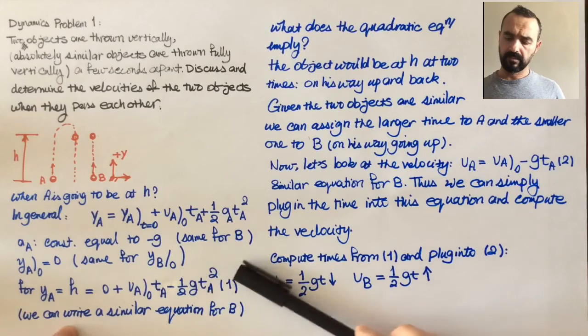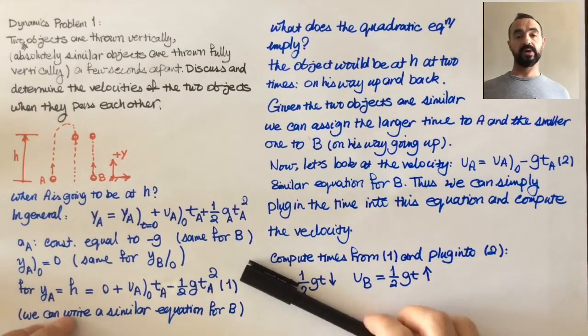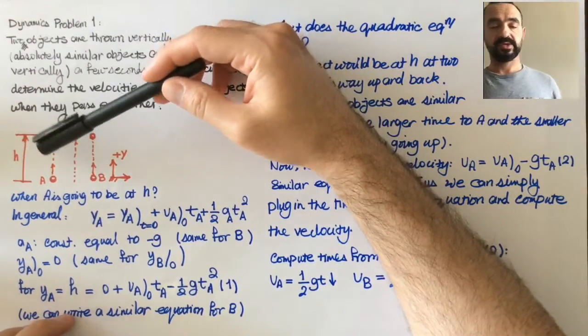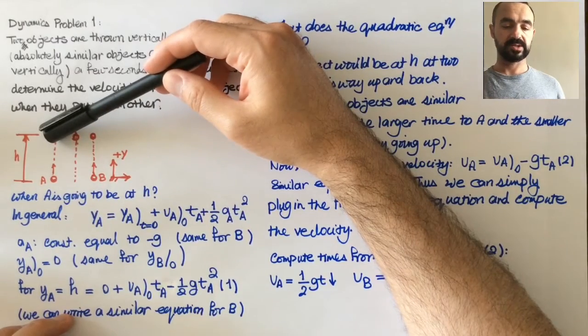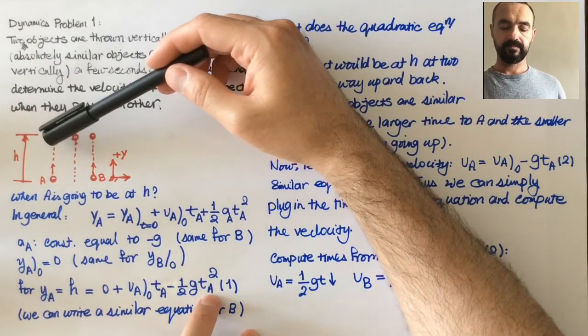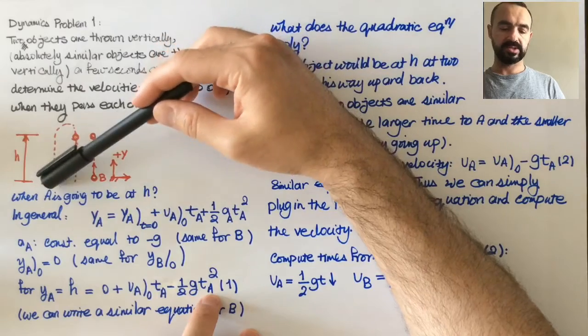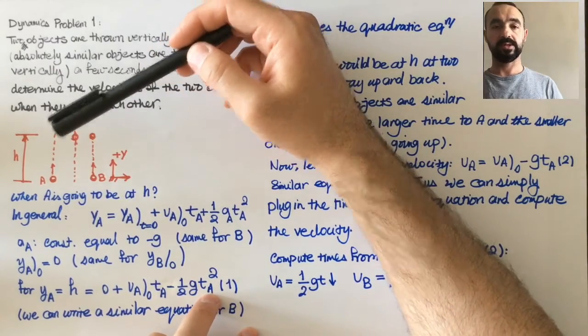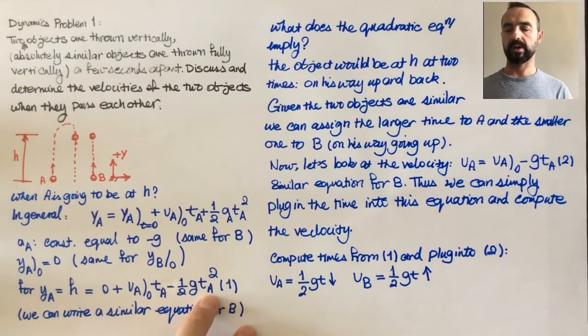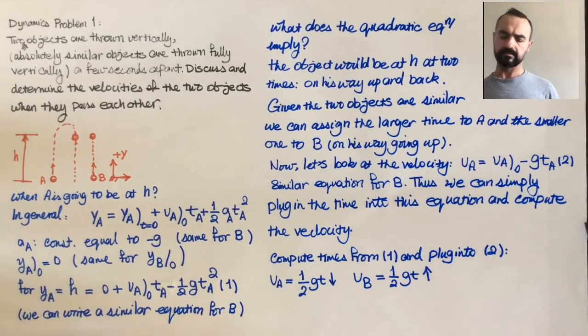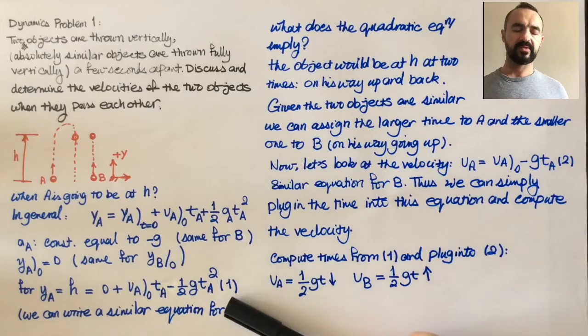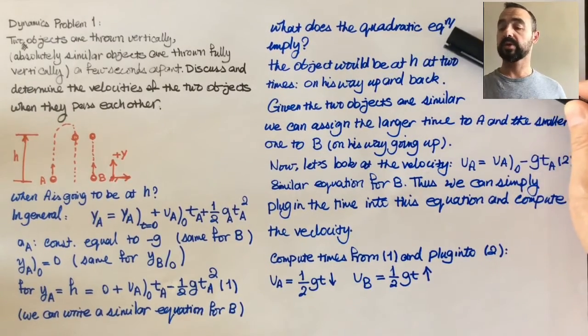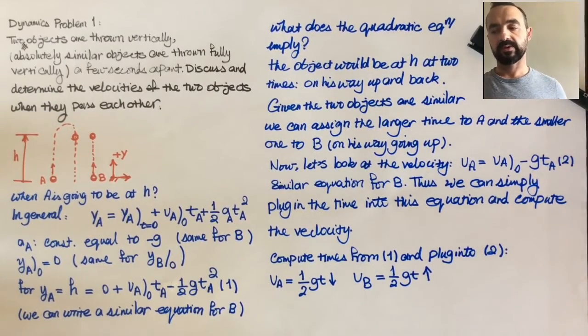The smaller time is the time it takes for object A to reach this height, and the larger time is the time it takes to go back to this height on its way back to the ground. And that's what it means to have a quadratic equation.